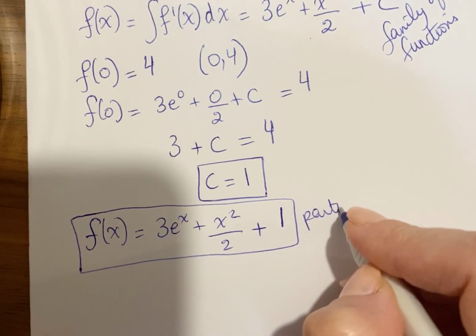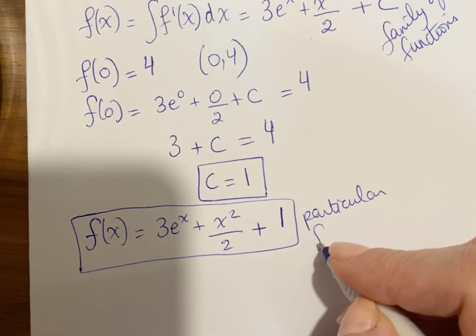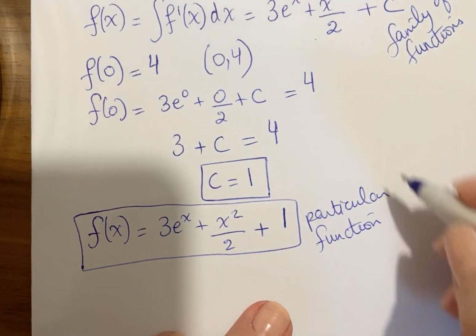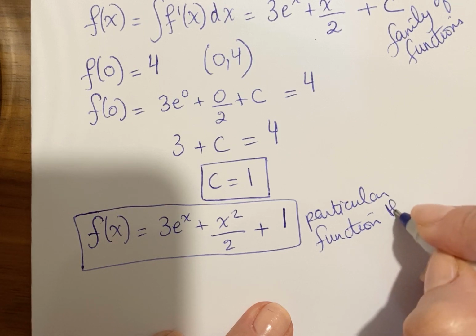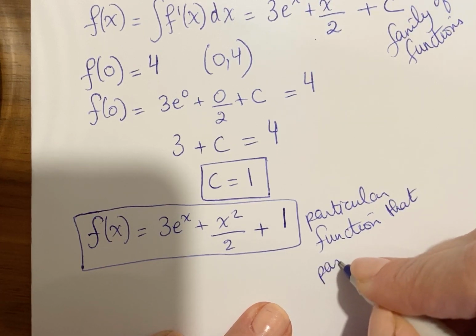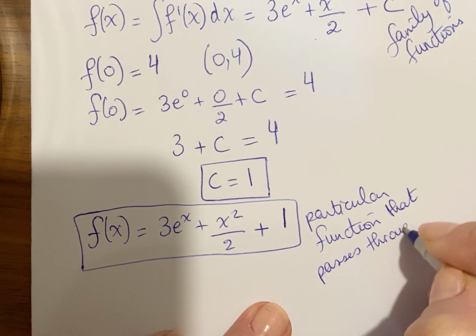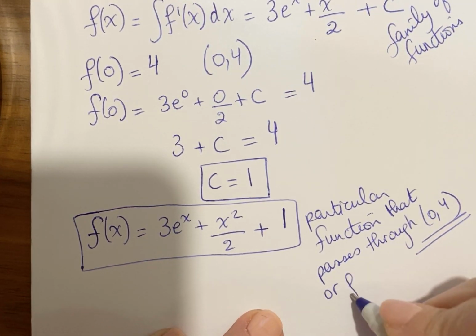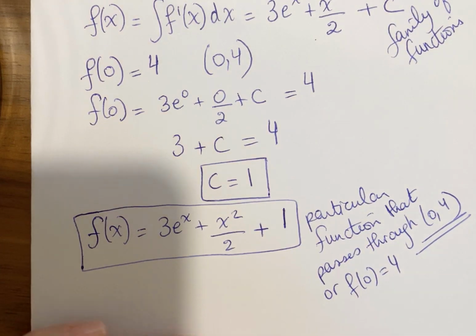This is the particular function out of all the family that we had that passes through the point (0, 4), or for which f of 0 is equal to 4.